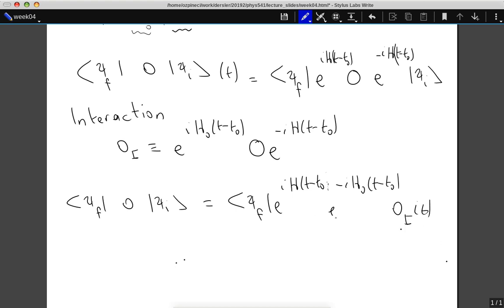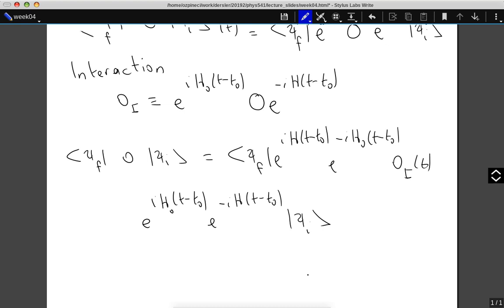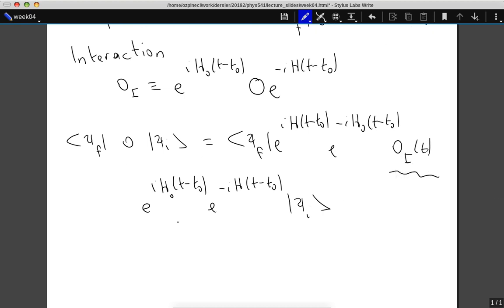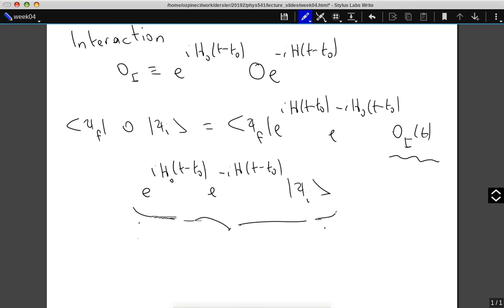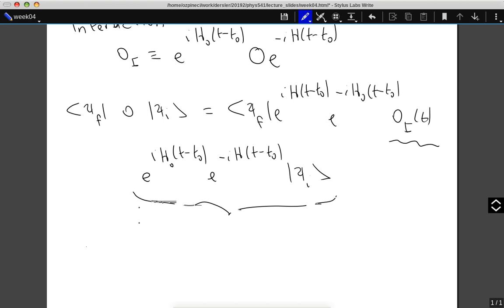And then we have e to the power i H0 (t minus t0), e to the power minus i H (t minus t0), psi I. So the operators themselves are evolving with H0. What remains, all this expression, is what we call the evolution of the state in the interaction picture.